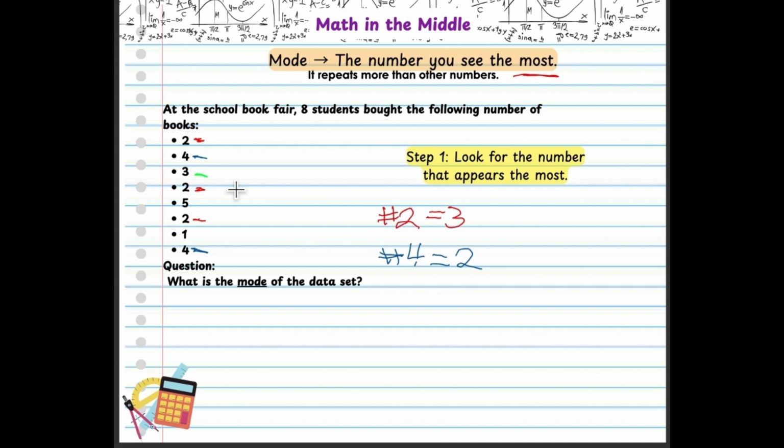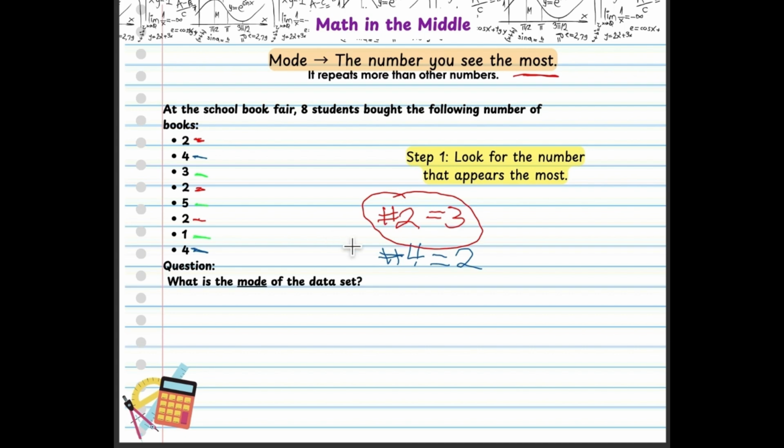Oh, looks like it only shows up once. Take a look at 5. That also shows up once. And 1 also shows up once. So if we take a look between our 2s and our 4s, we have 3 2s and 2 4s. So that means that our mode is going to be 2. So this would be your answer.